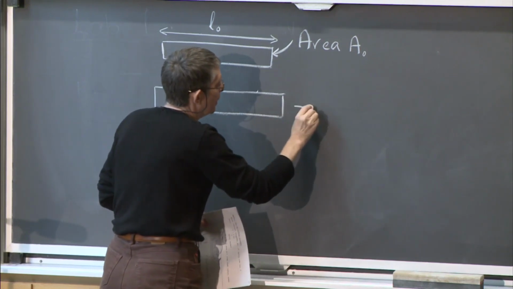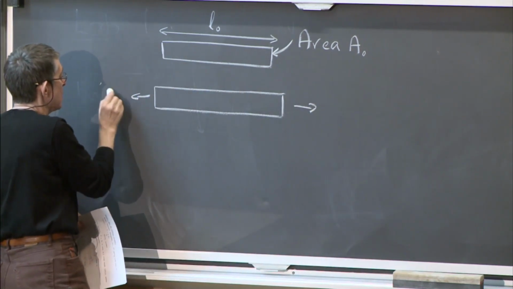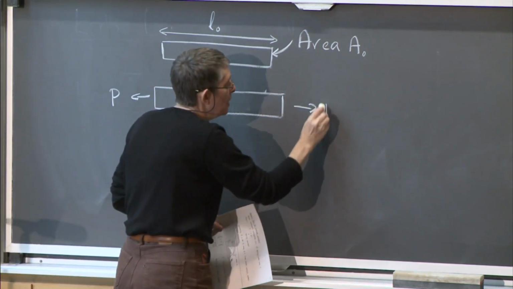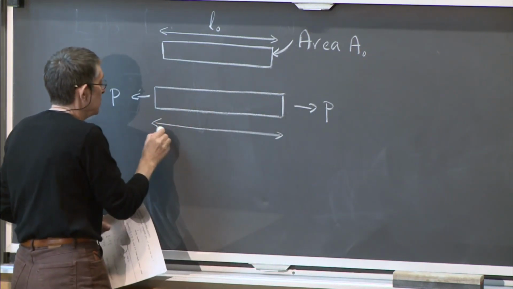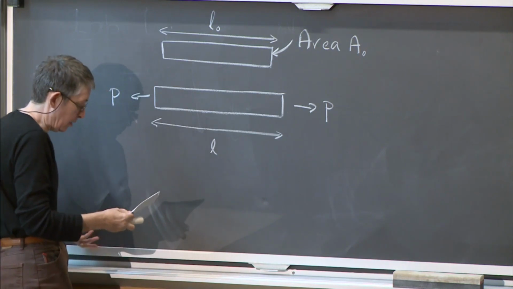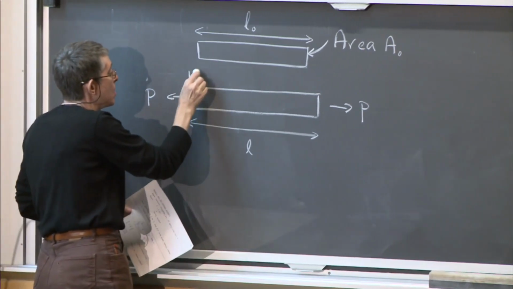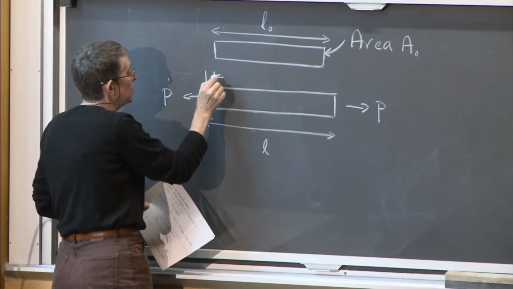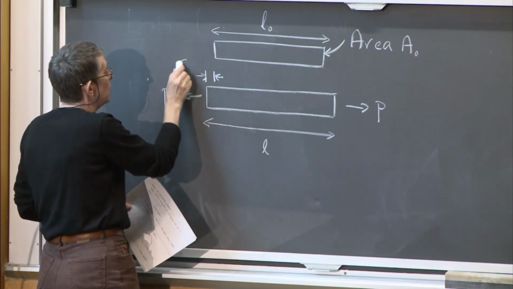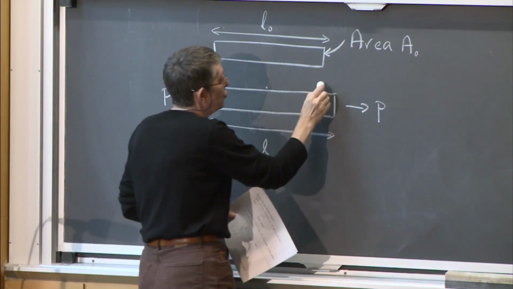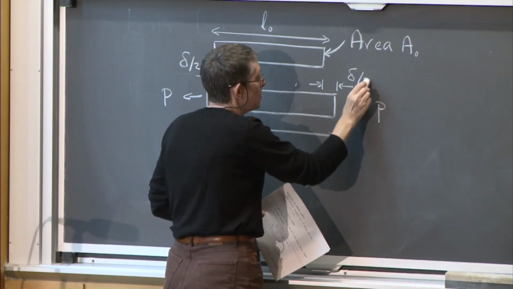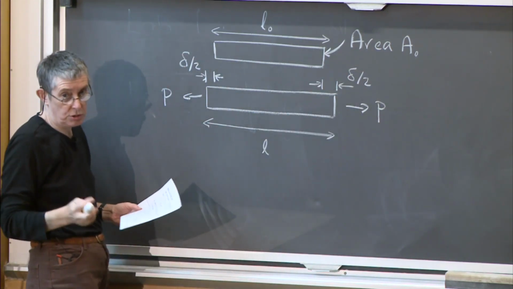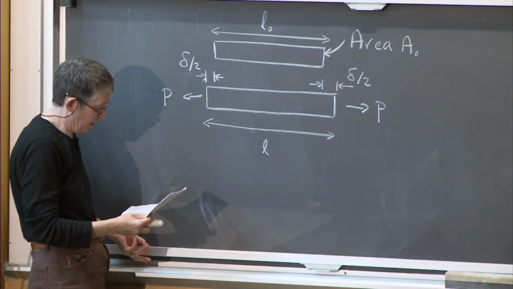So the bar gets a little bit longer. There's my force P. And now I'm going to say the bar is some new length L. And each end here is extended by some amount delta over 2. Okay, so delta is the total deformation of the bar.